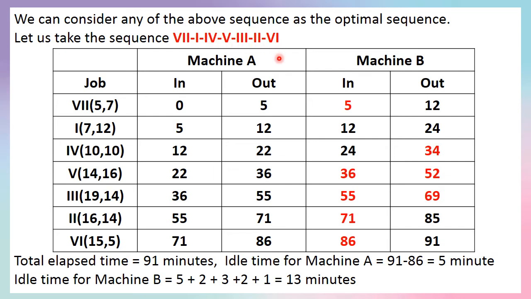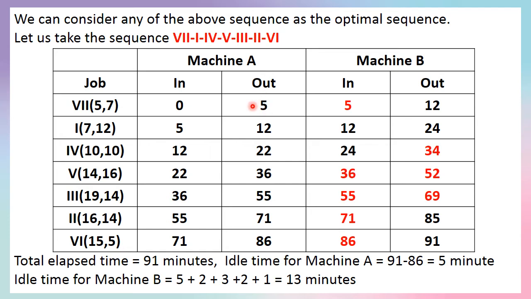Now we will make the table where the jobs are written as per the obtained sequence, and machine A and machine B in and out times are noted, and here we will write the given timings of all the jobs so that we can write the in and out time of each machine easily. Here the in time of machine A starts at 0 minutes, and it requires 5 minutes to complete the 7th job.